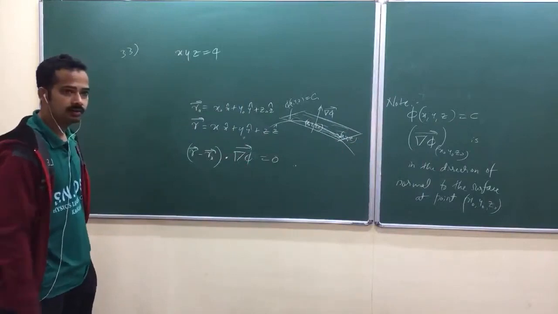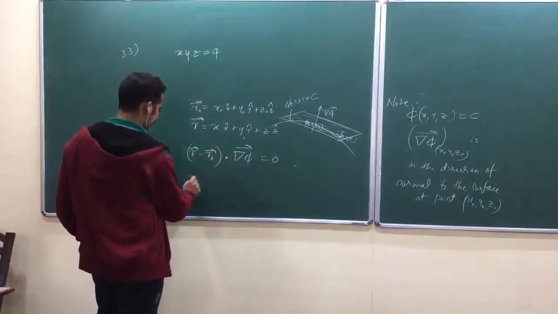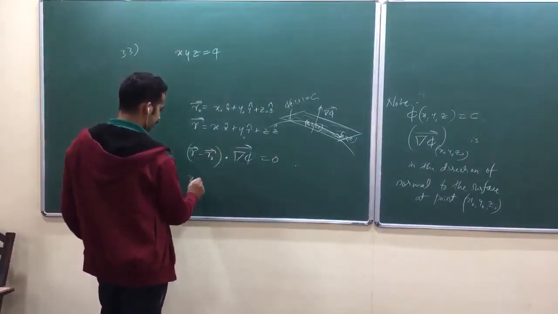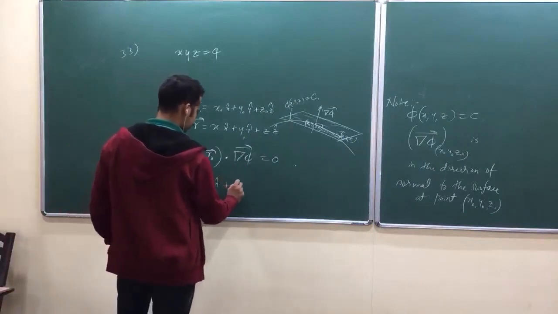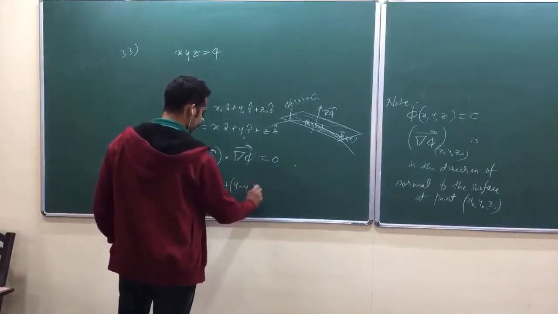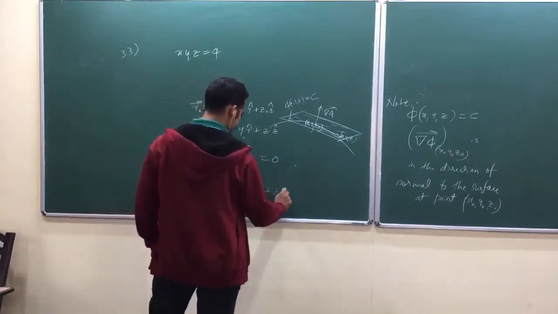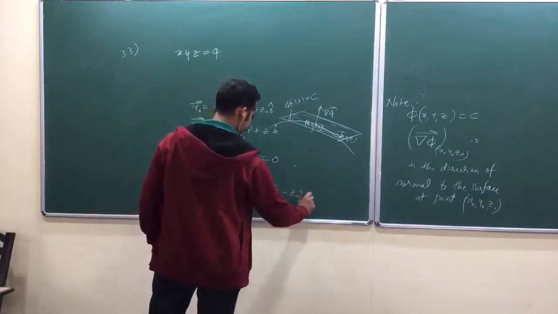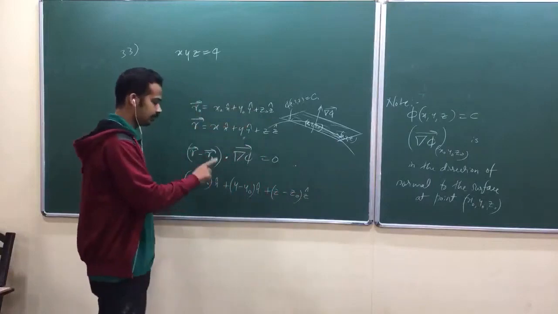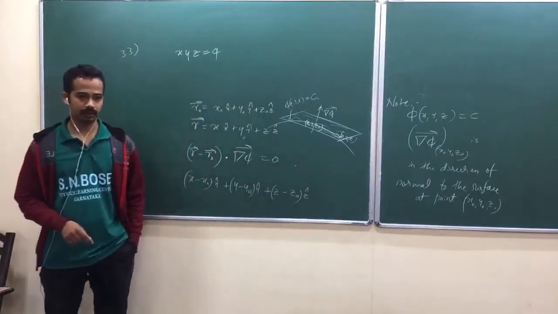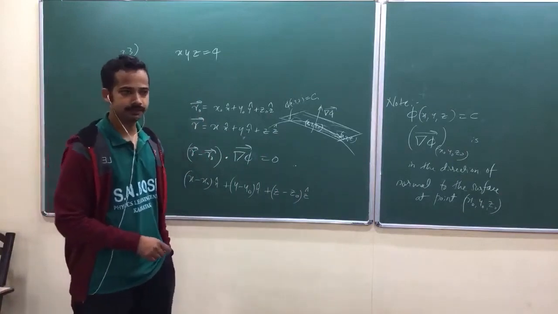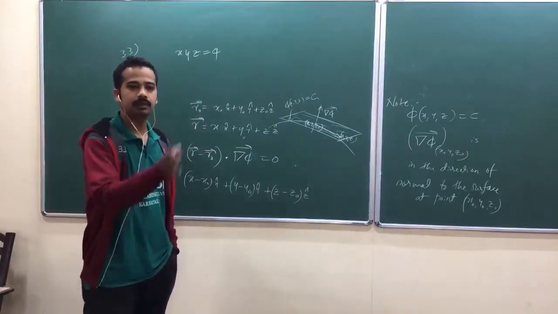Is it clear? Or I can write x minus x0 into x cap plus y minus y0 into y cap plus z minus z0 into z cap, where x0, y0, z0 is the point where we are drawing the tangent plane, the point where our tangent plane is touching.